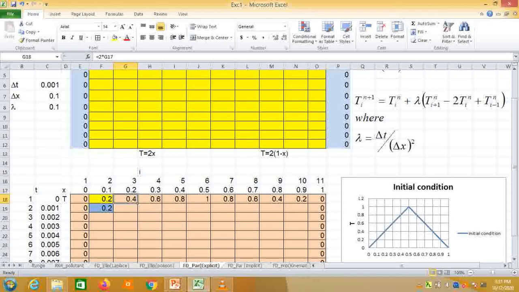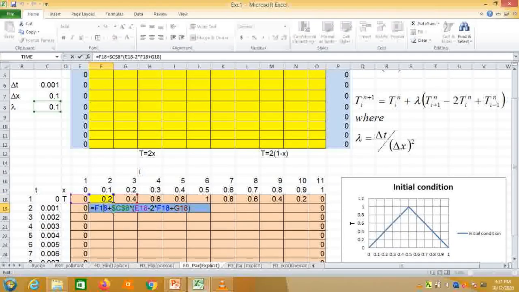And i is basically this node, and i minus 1 is this node. So using this set of equations, you can easily calculate T_i^n, which is the value here, plus lambda times the values at the surrounding points minus twice the value at T_i^n.